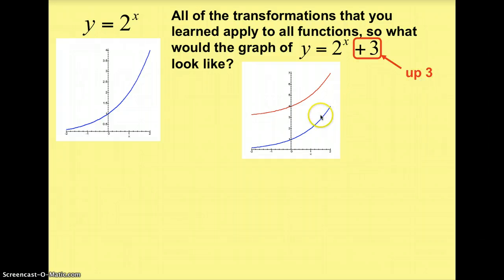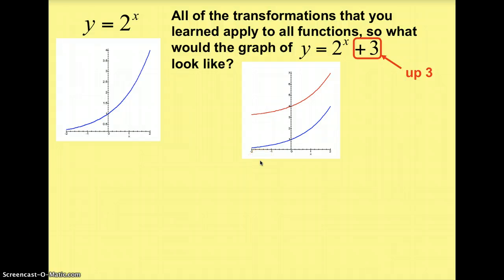So that would look like this, from 2 raised to x, because you added a constant that raised your graph 3 units up. Remember that in this equation, there's actually a plus 0 here. When it's plus 0, you are done here, and you will see why it's here later on.